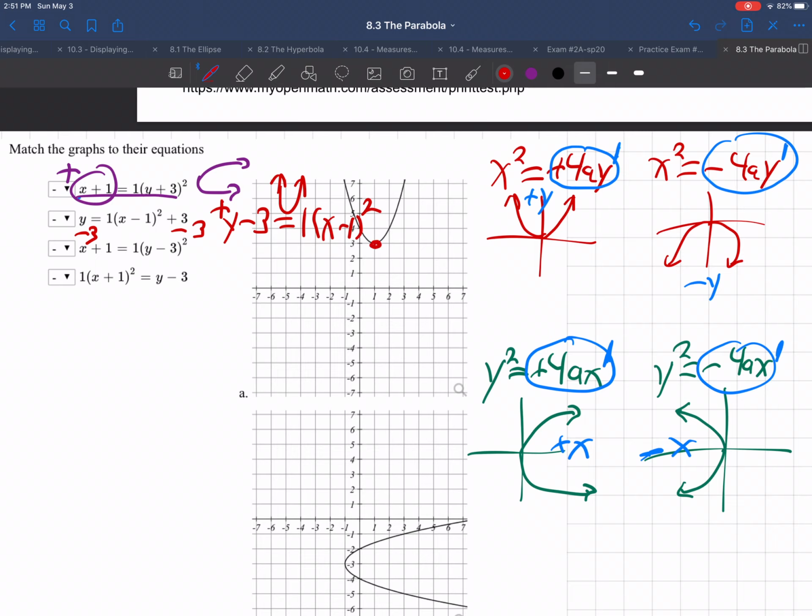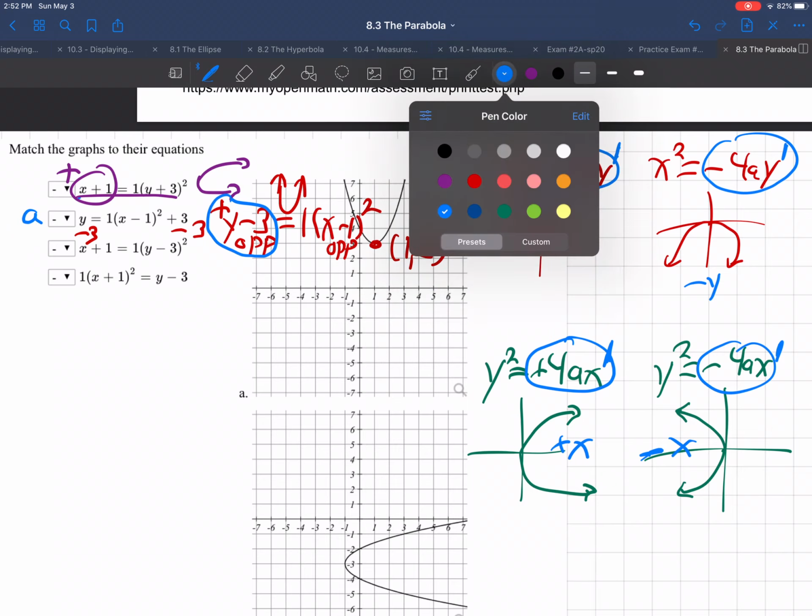How do we know? Because remember, the center is always opposite of x and opposite of y. So the center is over 1, up 3, the center of the U shape, and going up because the first power letter right here is positive. So that's the U shape going up, centered at over 1, up 3. So we got that one. This one is A.